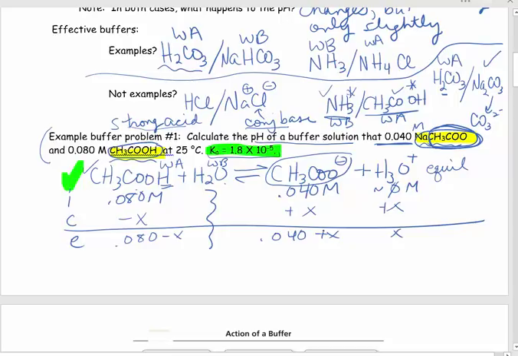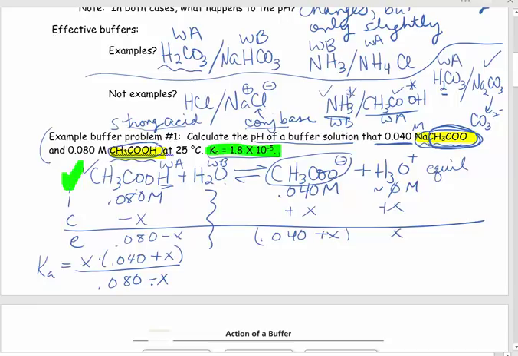We have our K value. So we would say Ka, and that's, of course, equal to H3O+, which is X, times the acetate, which is 0.040 plus X. So we have our two products, product times product, and we're going to divide that by the concentration of the reactant.